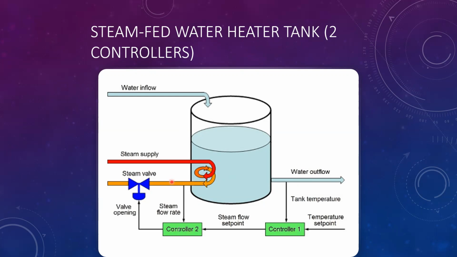So the second controller can also shield the first from deteriorating valve performance or non-linearities in the valve's performance. The second controller might have to work harder as a result, but the first controller will never be affected as long as the second controller is able to maintain the steam flow rate at the required level.